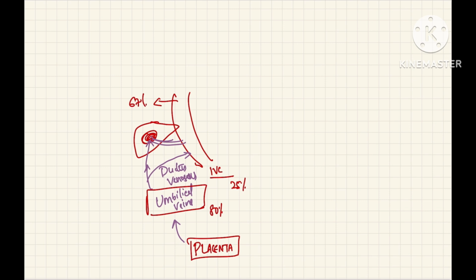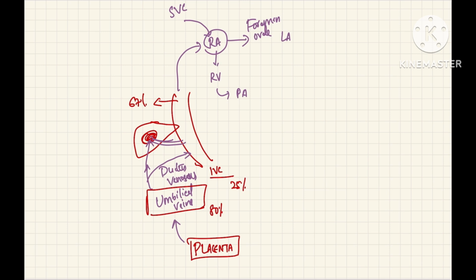The blood from the IVC joins the right atrium, and from the superior vena cava also enters the right atrium. From the right atrium, it enters the right ventricle and the pulmonary artery. From the right atrium, the blood also enters the left atrium through the foramen ovale.